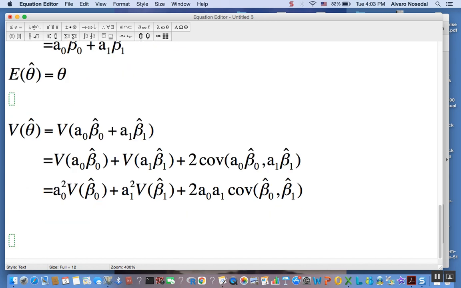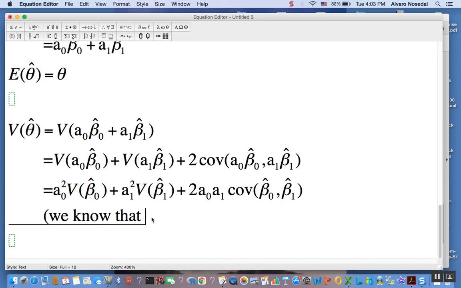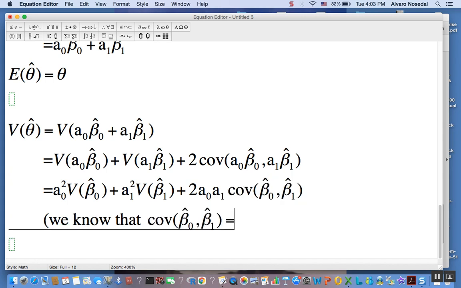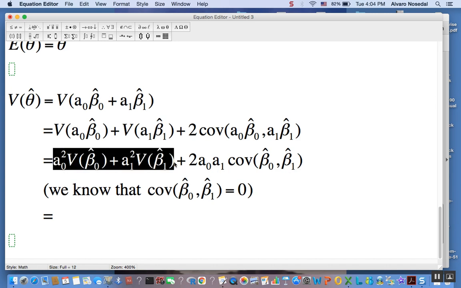Anyway, what we're going to say here is that we know that the covariance between these two guys, beta hat 0 and beta hat 1, is 0 in the case of the centered model. So this is going to simplify nicely. So we only have this.